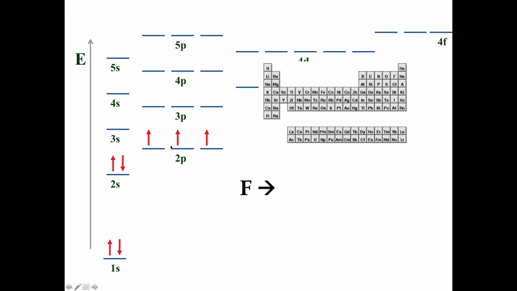But now, since each of these orbitals has 1 electron in it, the 8th and 9th electrons will go into existing orbitals that have 1 electron in them, but with opposite spin, and they will therefore pair and fill up those rooms. And so now we have 1s2, 2s2, 2p5 for the electron configuration for fluorine.